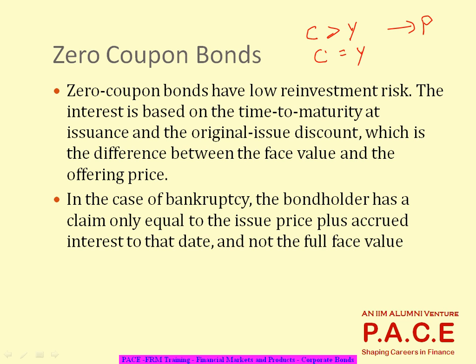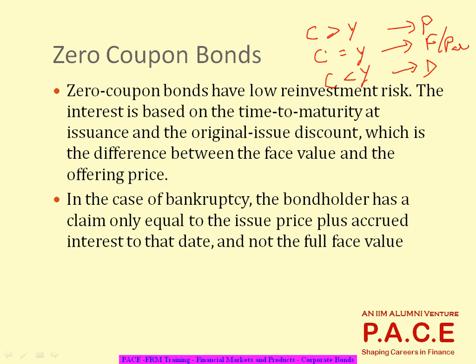If the coupon is equal to YTM, the bond is issued at face value or par value. If the coupon is less than the YTM, the bond is issued at a discount. Here zero coupon means the coupon is 0, which is less than the YTM. So the bond has to be issued at a discount. Because it is very, very less, we even call it a deep discount.